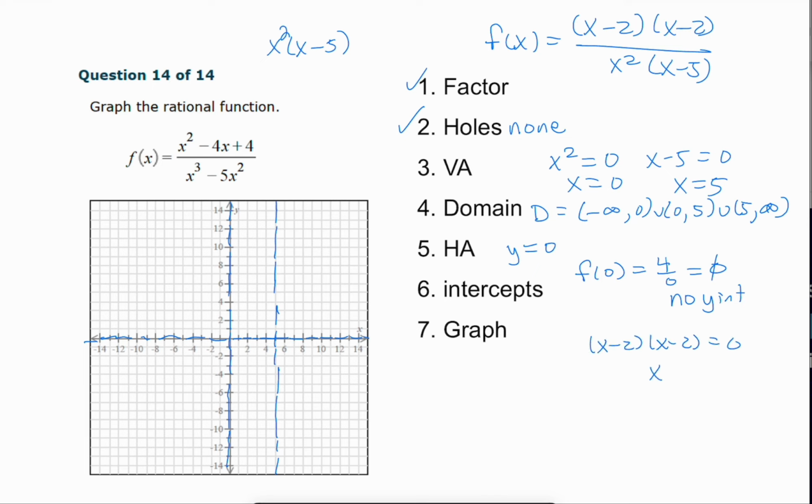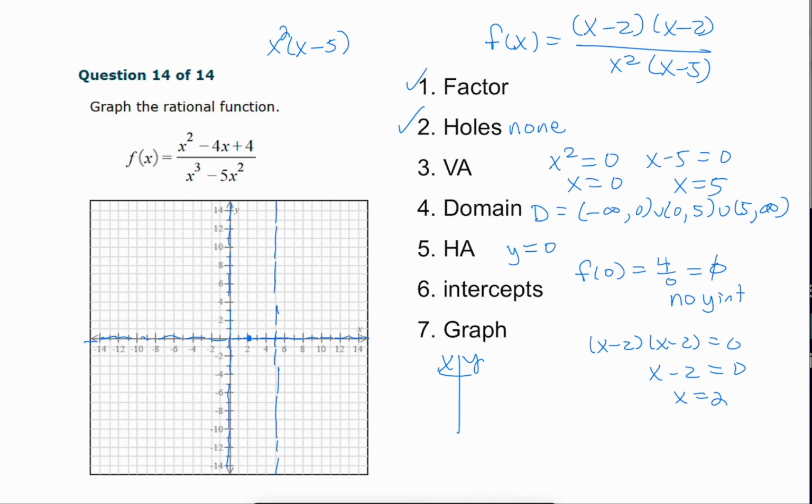Now we only have one factor at 2. We should notice that we should have a bounce at 2. So we do have an x-intercept at 2. There's no y-intercept. I'm so sorry, I'm mixing all that up.